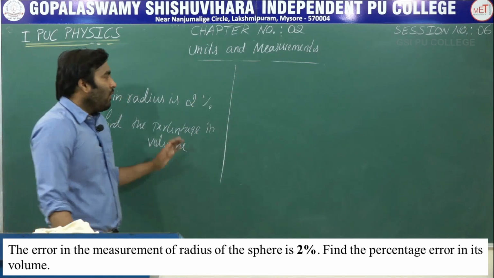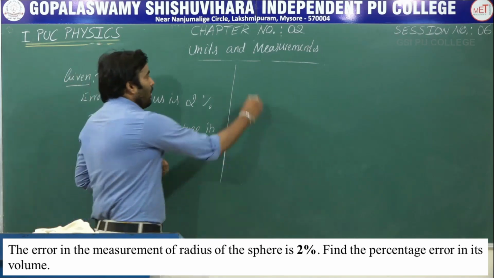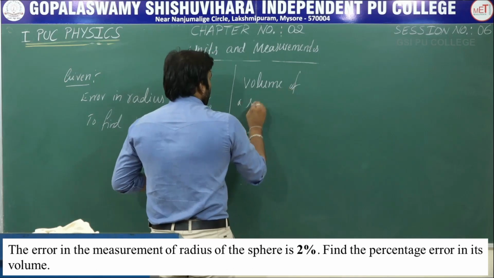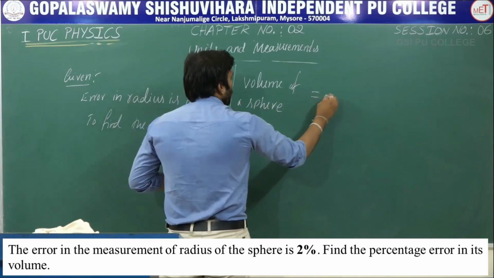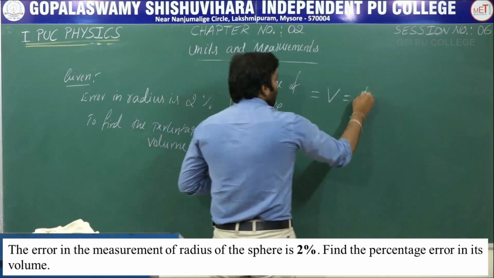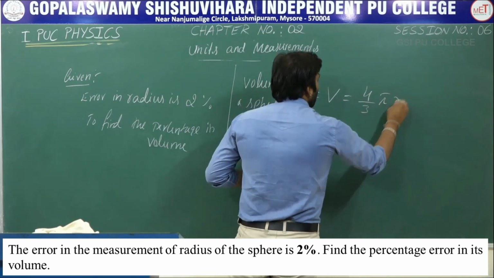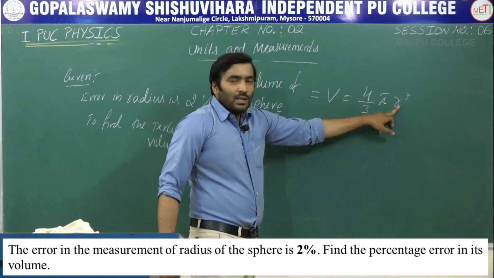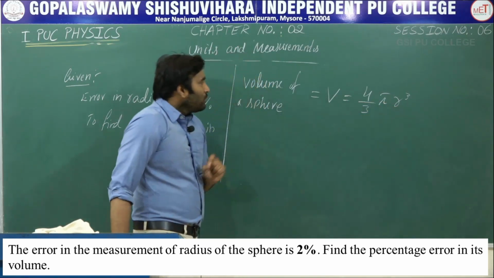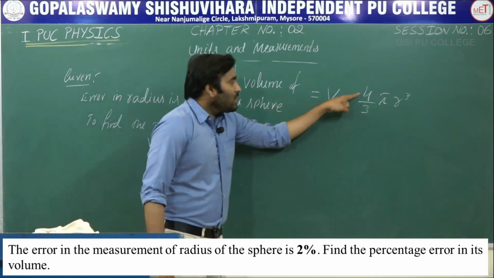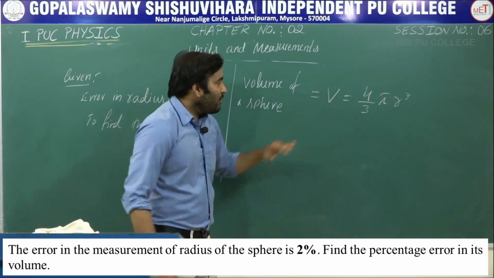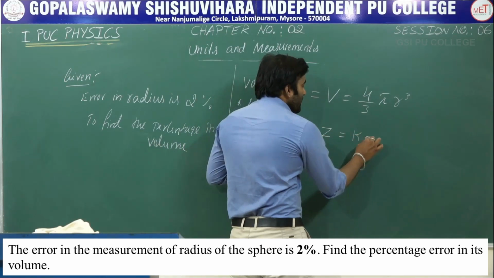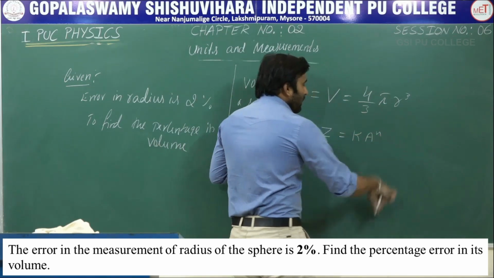First, let us write the equation for volume of a sphere. What is the equation for volume of a sphere? Volume of a sphere, let us write that as V, is equal to 4 by 3 pi R cube, where this pi is a constant, this R is a radius. Now, this equation is in the form of Z is equal to some constant into A power n.